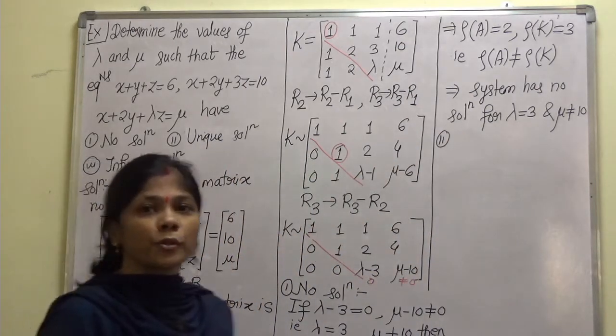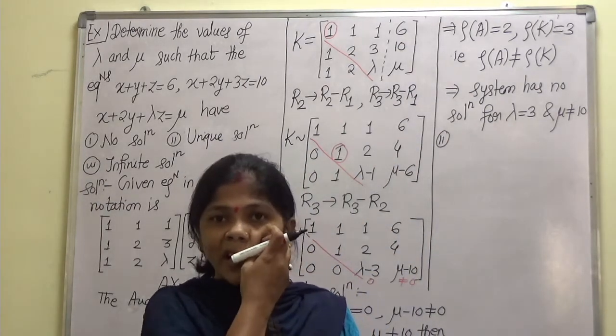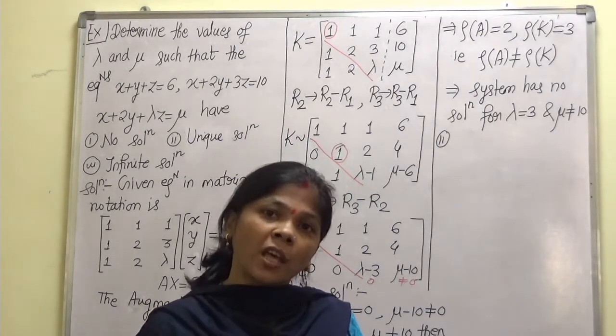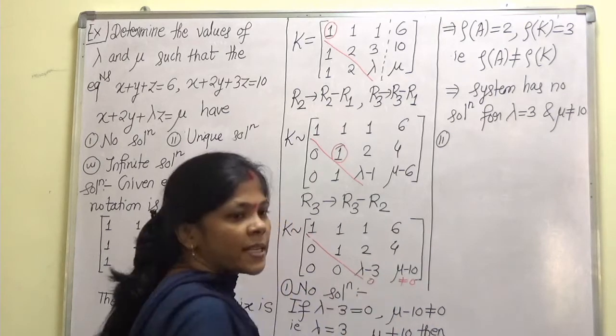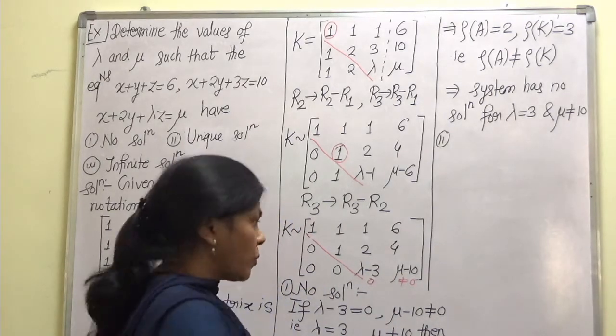That we want a unique solution. For a unique solution I have to equate rank of A and rank of K with the number of variables. So rank of A as well as K has to be 3. When will that be possible?